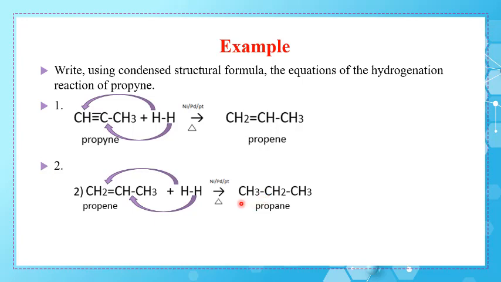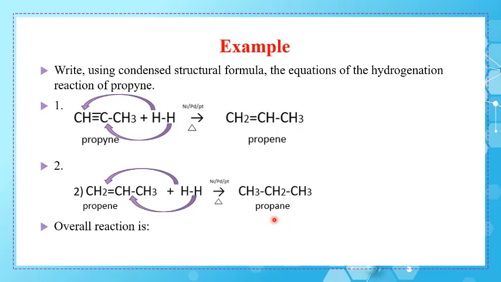Remember that I want to use the catalyst nickel, palladium or platinum, in presence of heat, and we must remember that in an addition reaction, the reactants are transformed into 1 product only.